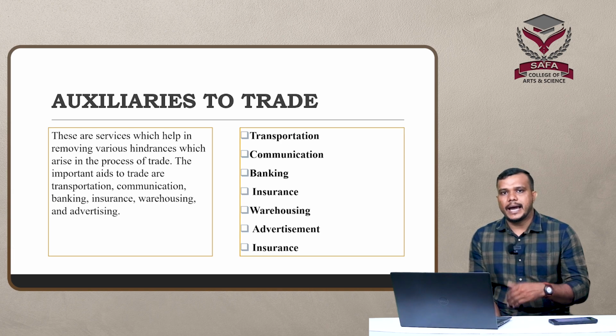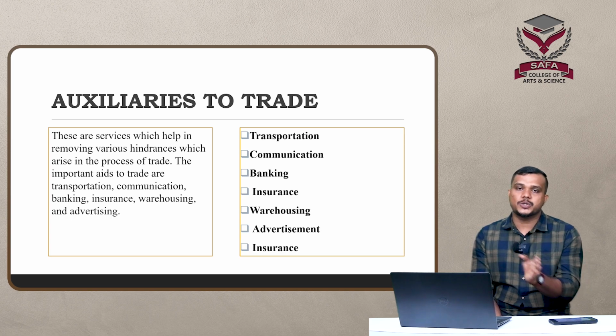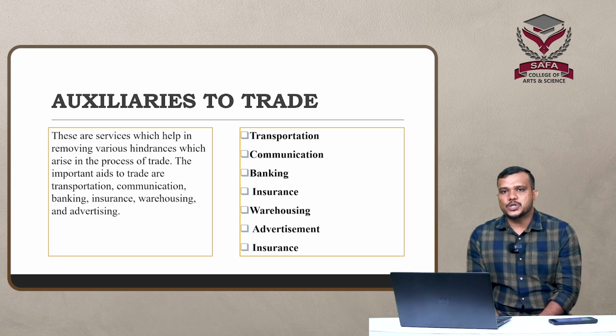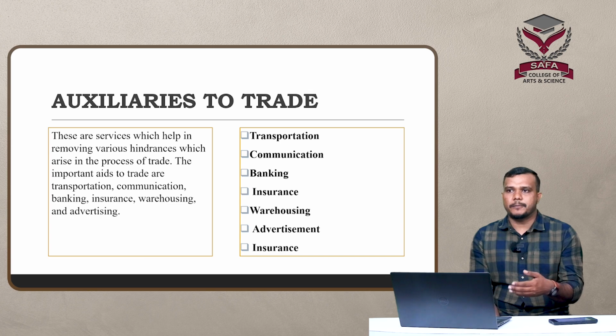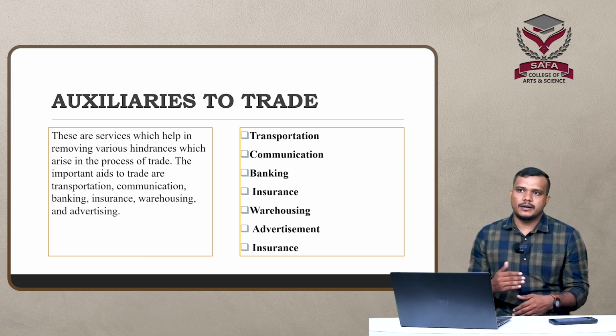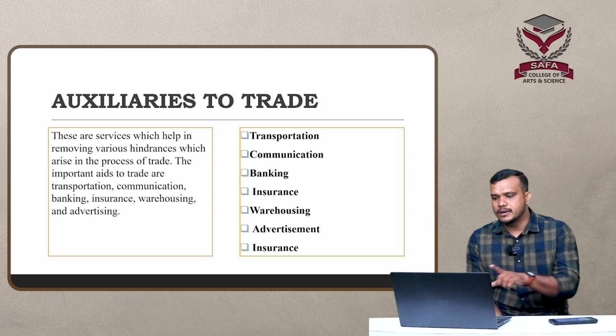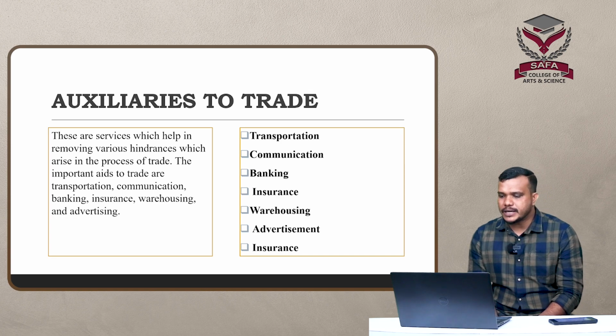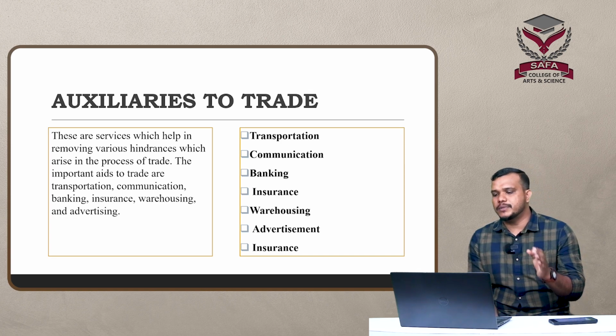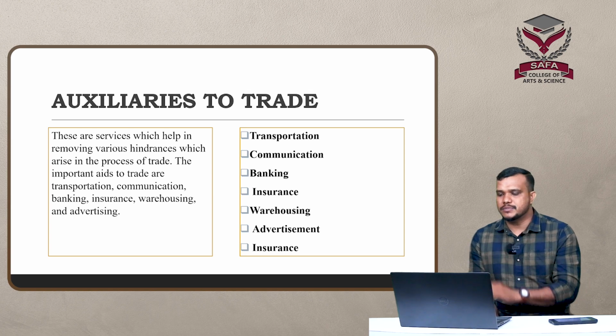Insurance also helps to protect our goods from the time of production to consumption. Insurance also provides protection against some risks involved in the process of transferring goods from producer to consumer. Next one, warehousing. Warehousing helps us keep our product secure from the production time to consumption time.